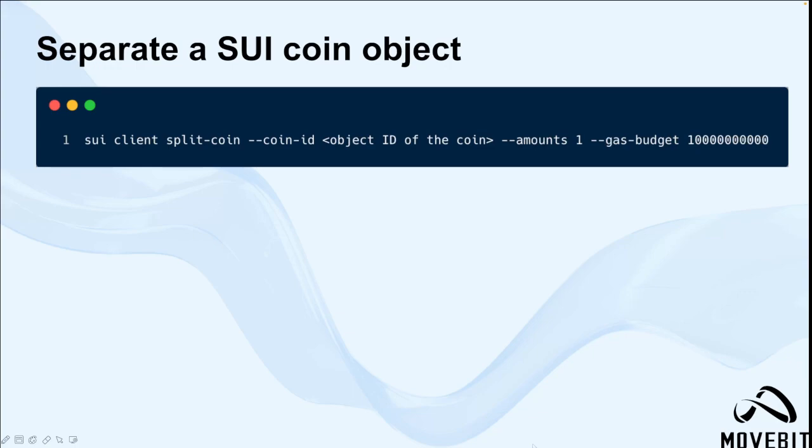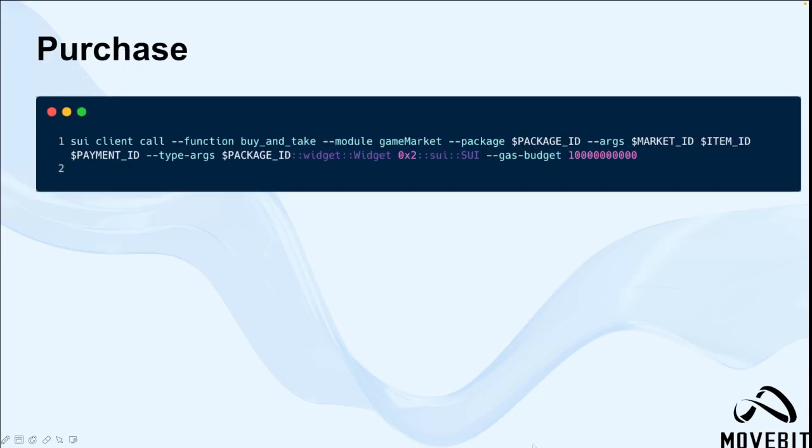Okay, then let's purchase the item we just listed by using this command. After submitting this transaction, you should see a lengthy list of transaction effects in the console. We can confirm that the widget is now owned by our address, and the payments table should now contain an entry with our address as the key and the size of 1.